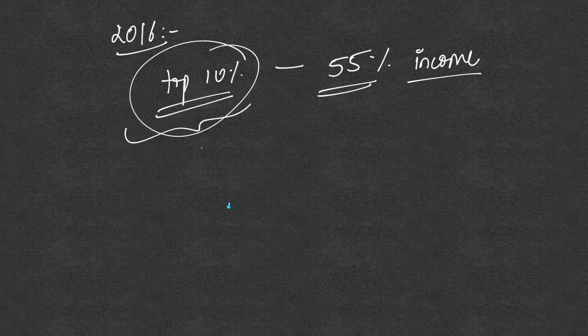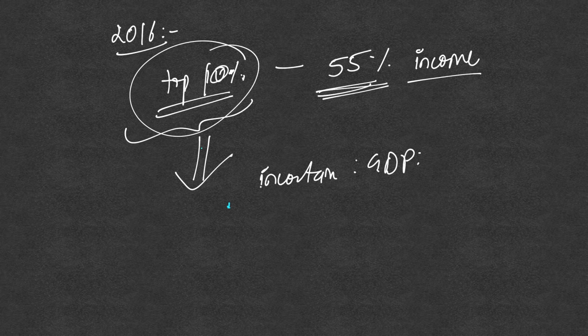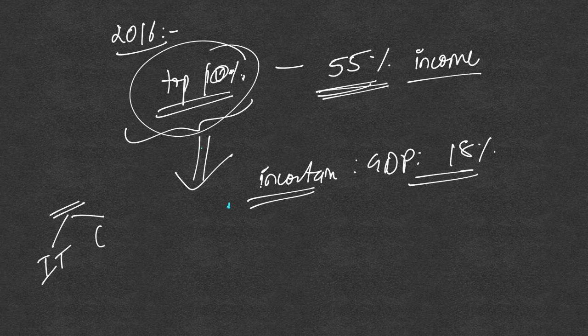So even if this 10% of Indians who have 55% of India's income were brought under the tax net, and if they had paid their taxes honestly, even then the income tax to GDP ratio would have become nearly 18% from the current 5.5%. The direct tax actually comprises income tax and also corporate tax.